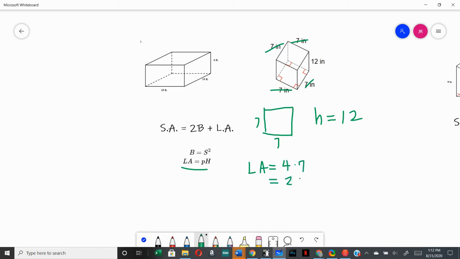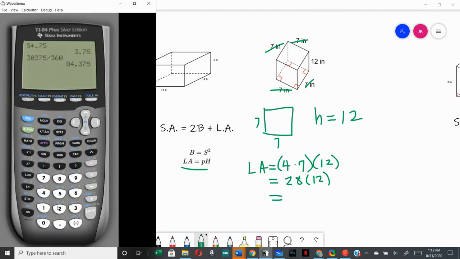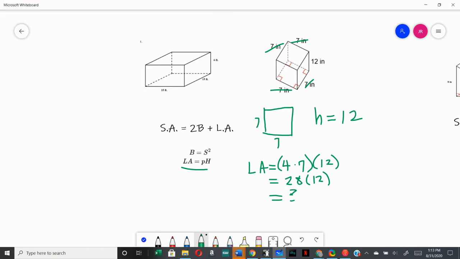So the lateral area is 28 times the height, which is 12. So my lateral area, pull out my calculator, 28 times 12 is 336. So that is just the lateral area.